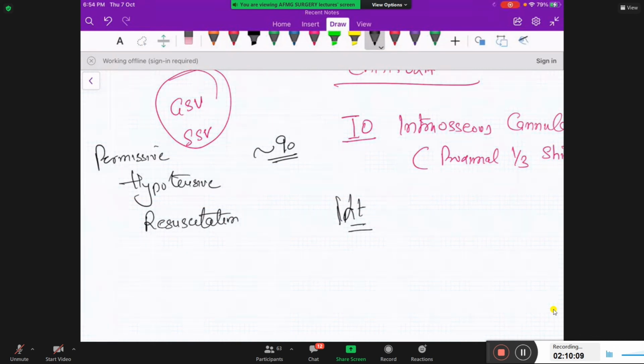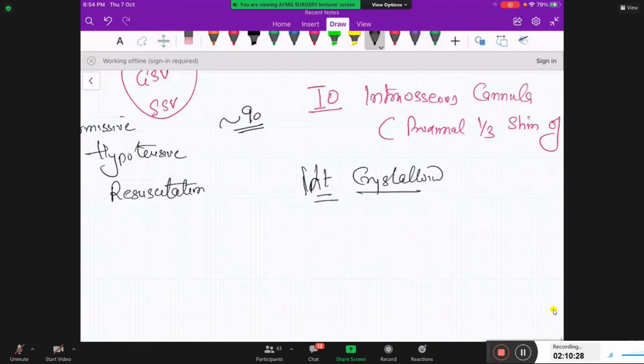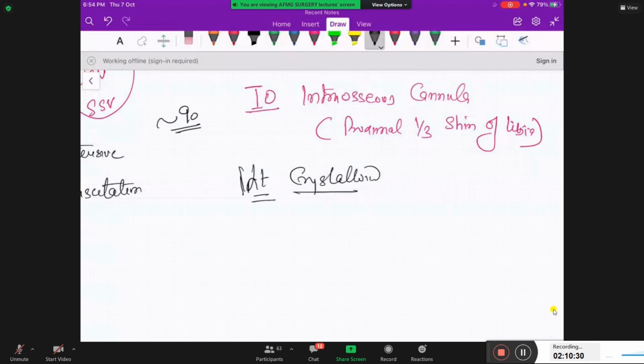With this 90 blood pressure, the organ perfusion also will be adequate and the bleeding will also not get increased. So for this, we will immediately start 1 liter of crystalloid. Which crystalloid? Either ringer lactate or normal saline. Commonly, we use ringer lactate.